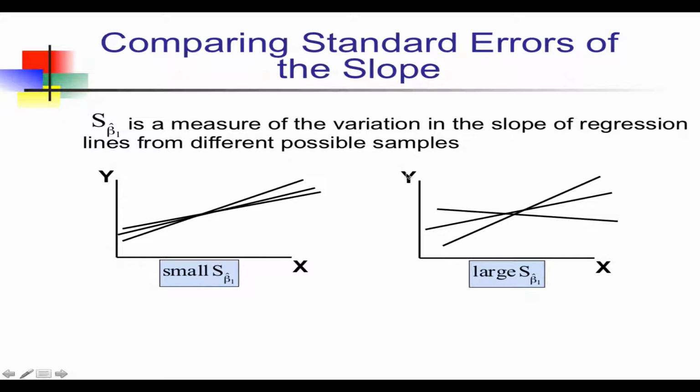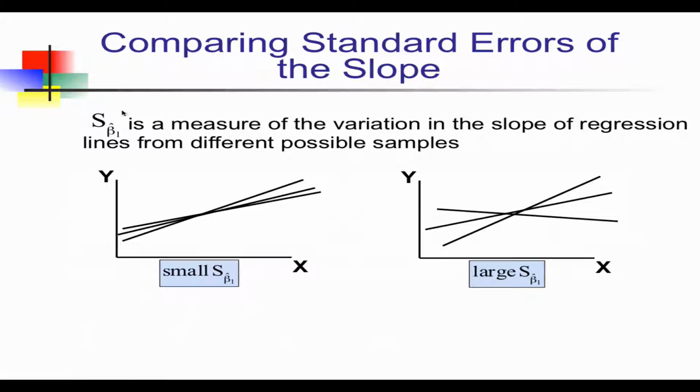Intuitively, or in a graphic display, what does the standard error of beta hat 1 stand for? It stands for the variation in the slope of the regression lines from different possible samples.